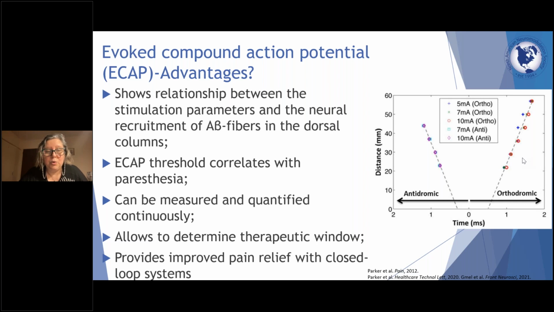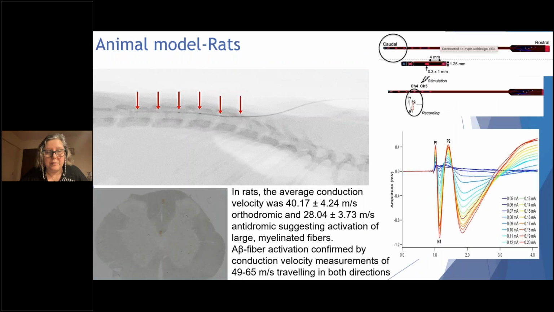What it allows us to do is provide improved pain relief with real-time feedback and closed loop systems, correlating very closely to paresthesia by recruiting the A beta fibers in the dorsal columns. Animal models did suggest that there is a possibility to create real-time conduction measurements for the ECAPs.